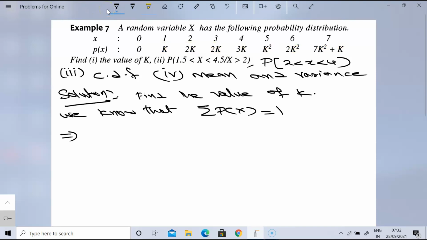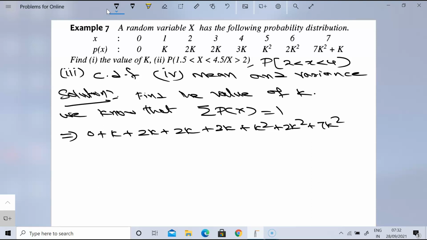So when I add this, what does it mean? It's 0 plus k plus 2k plus 2k, next 3k plus k squared plus 2k squared plus 7k squared plus k is equal to 1. Now, how many k squared do you count? See only the highlighted ones. 1, 2, 7.